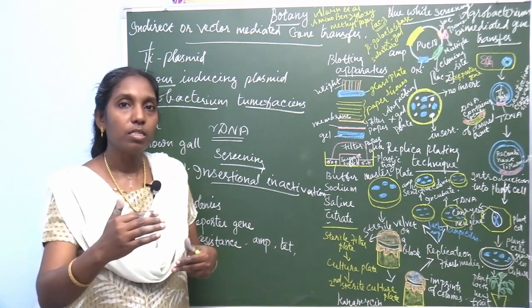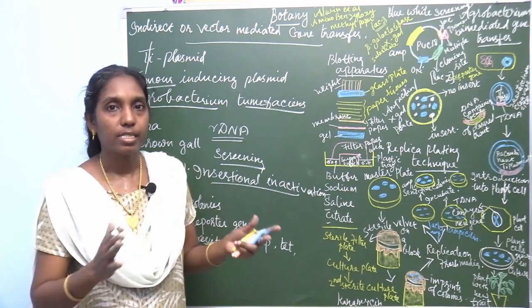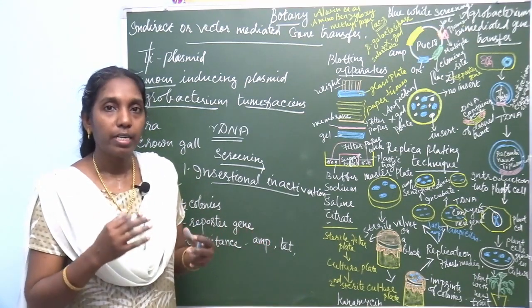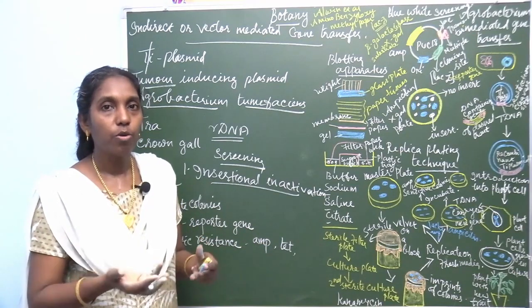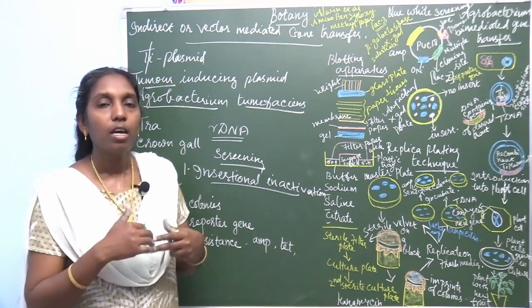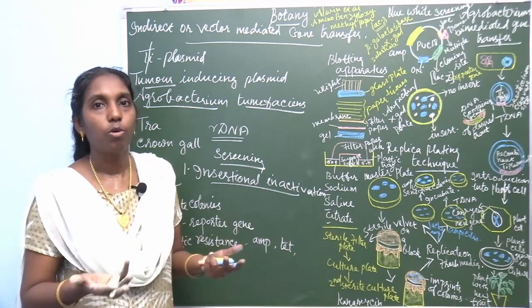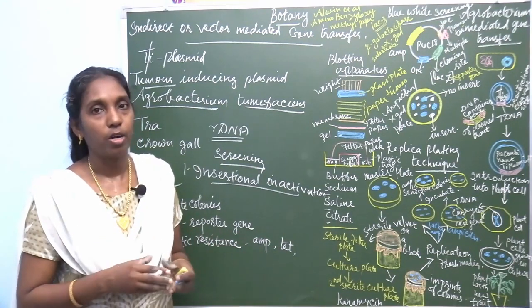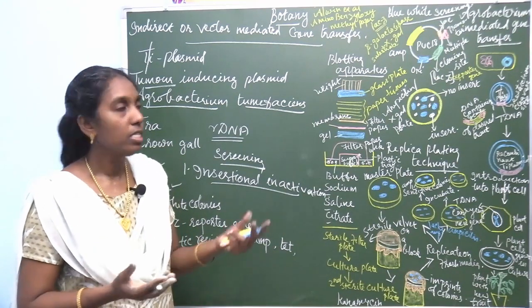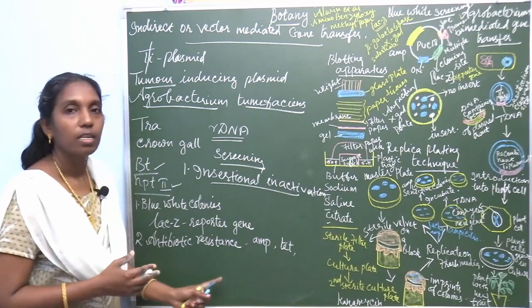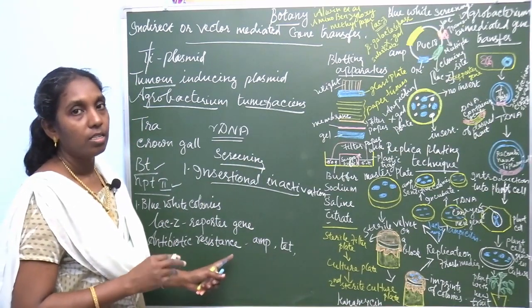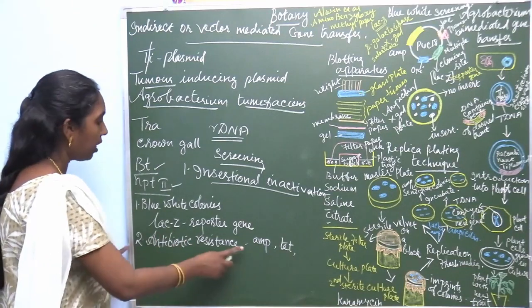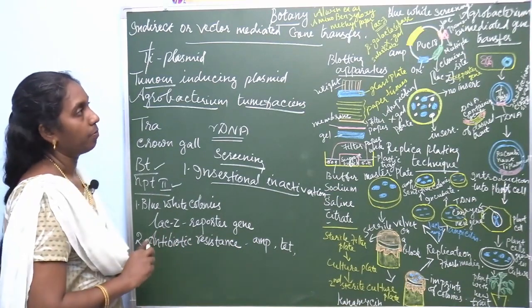When the cells grow on this, it is screening. The recombinant DNA can grow on this antibiotic substrate, while non-recombinants cannot. Depending upon this, the screening is done. So this is the second method of screening, antibiotic resistance.